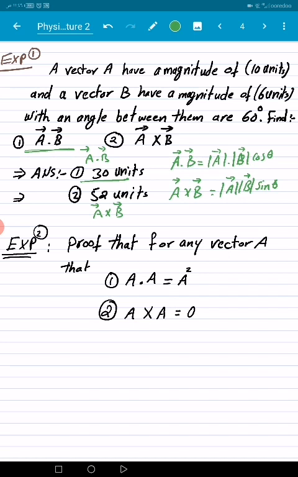Example 2. Prove that for any vector A, A dot A is equal to A squared, and A cross A is equal to 0. Try to solve it by using these formulas. I wait for you, 2 minutes, 1 minute.